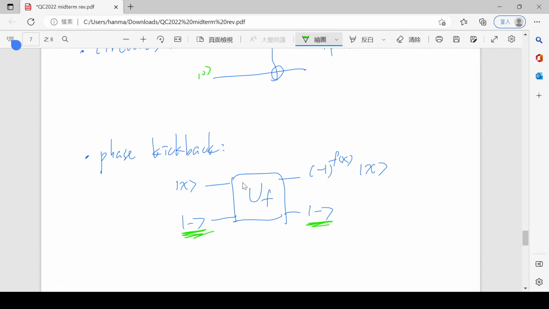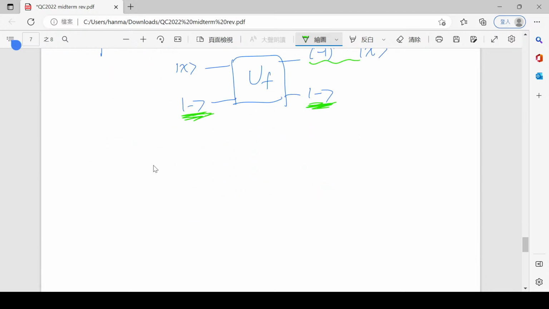Then you get this cool phase kickback effect where the output register stays the same and doesn't do anything, and you get a minus 1 to the f of x phase onto your input register.